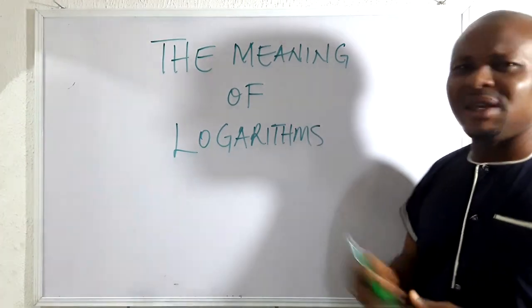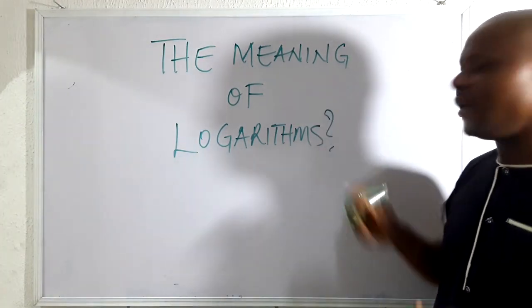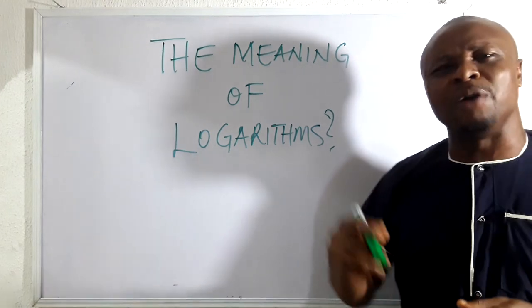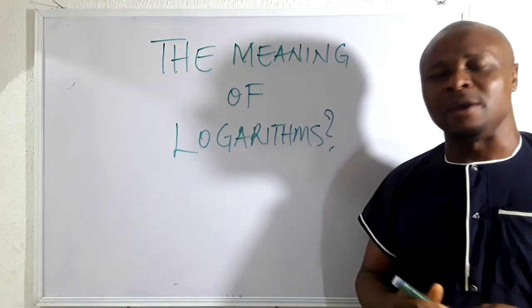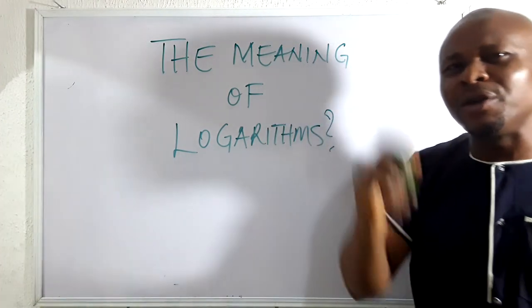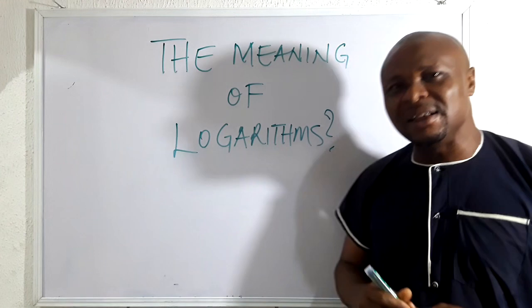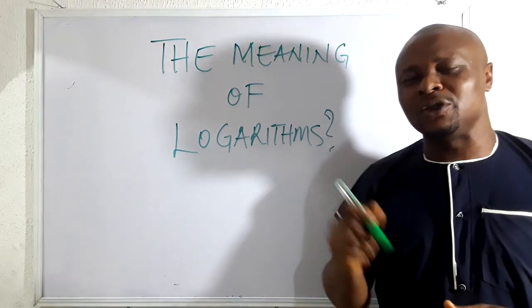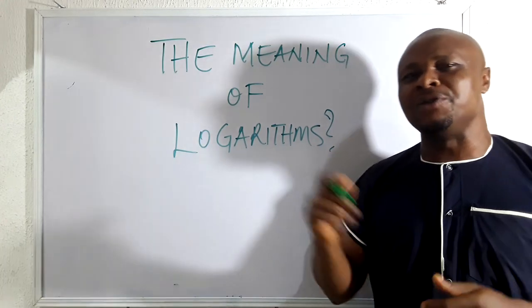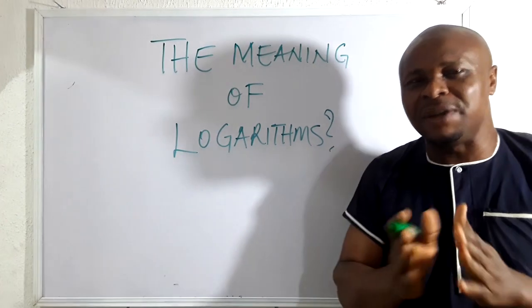Now, what is logarithms? The logarithm of a number, because sometimes you could be asked what is the logarithm of a number, is the power to which the base of that number must be raised to give that number.